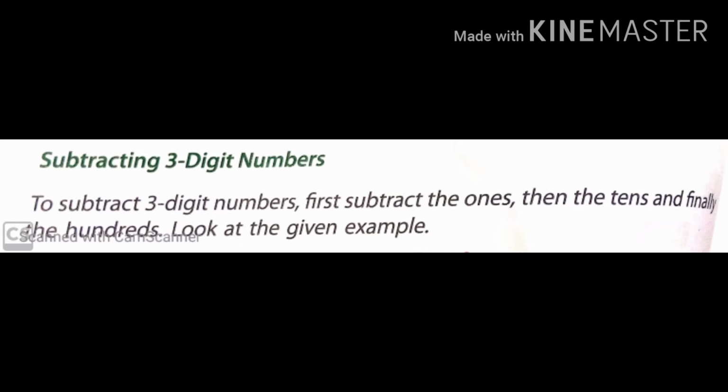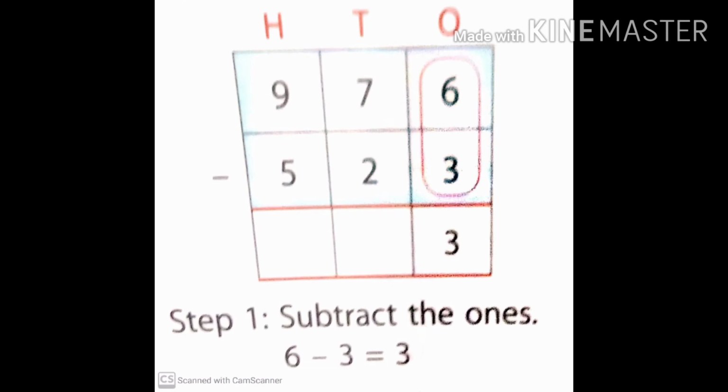So this is the rule which we have to follow when we are subtracting 3-digit numbers. Look at the given examples. Never forget to write HTO. Never forget to give the sign of subtraction, that is the minus sign. I have again divided it into 3 steps.